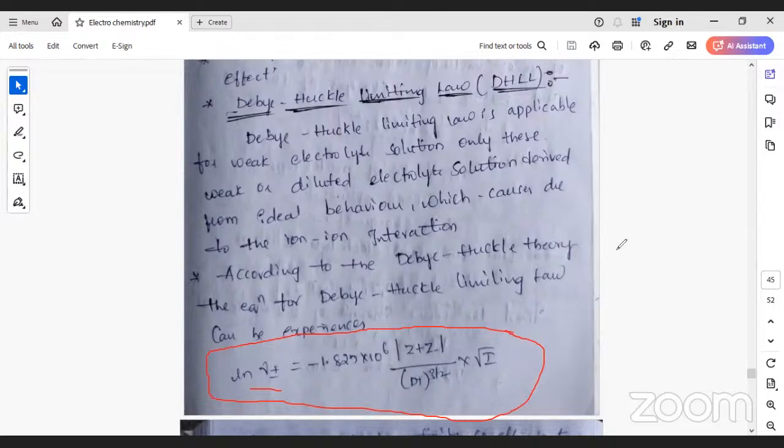This is the product, where z plus means the positive ion charge. We have to write z plus and z minus in the suffix, that is, the modulus of z plus into z minus.